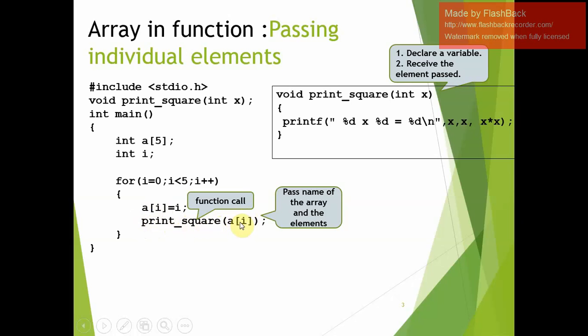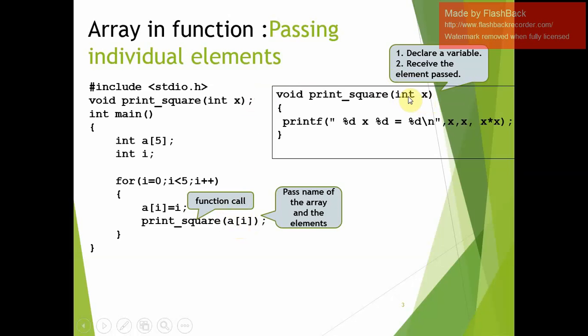So this 0 will go to the function print square and give the value of 0 to x. Because this array is an integer array, it will pass one value or one element that consists of an integer value. So the parameter that waits at the function header must also be integer.